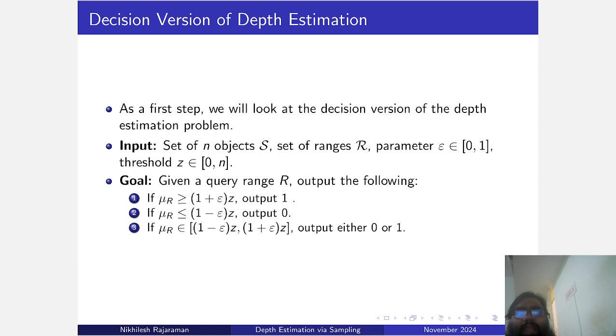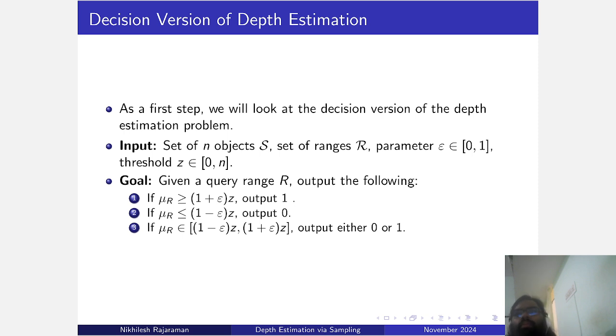That is, we want to correctly say that the depth is more than the threshold. On the flip side, if the true depth is less than (1 minus epsilon) times Z, we want to output 0. And finally, if the true depth lies within this epsilon factor band around Z, the algorithm is allowed to output anything. It doesn't matter.